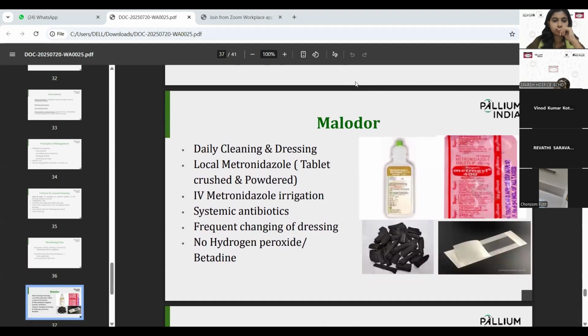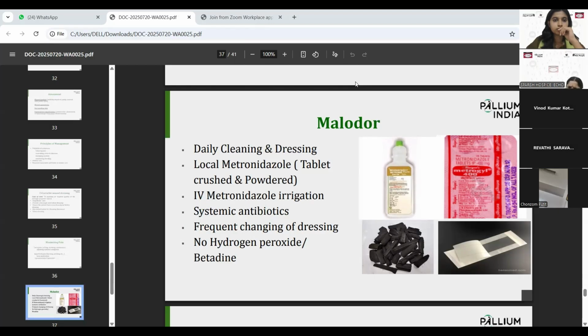Now I will tell step by step. First, you have to reduce the pain. You give analgesic, then you start the dressing and clean the wound with the help of normal saline. Daily cleaning and dressing is mandatory for fungating wound patients.